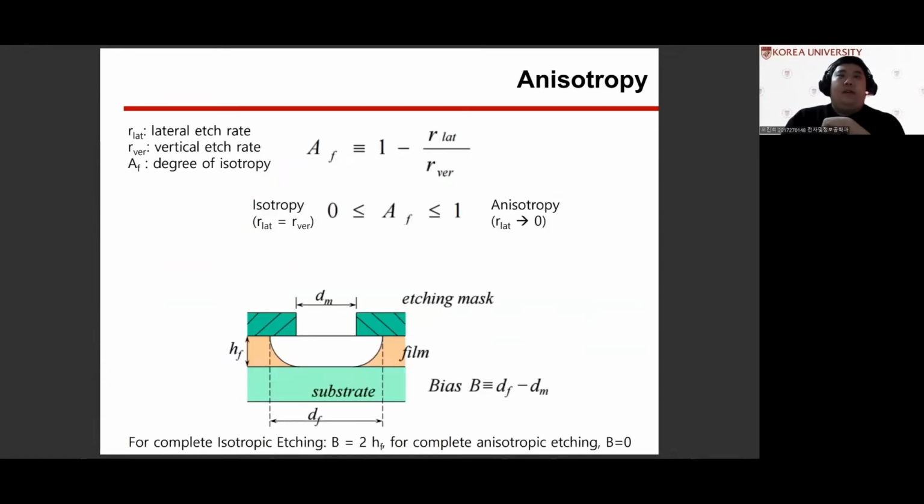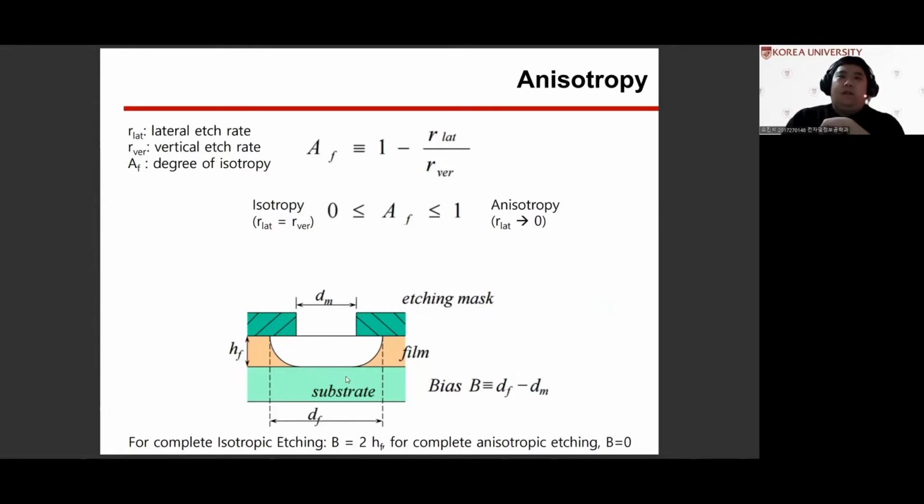Next, we are going to discuss anisotropy. As you can see, this is an isotropic etch because the etch looks like a hemisphere rather than vertical.